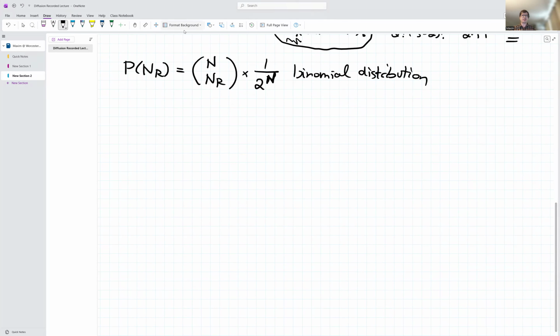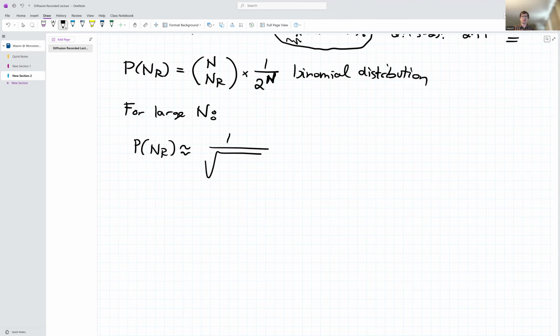So, for large n, what do we find? We find that p of n sub r is approximately equal to the Gaussian distribution. What is it? It's 1 over the square root of 2 pi times the variance, which is n times a quarter.